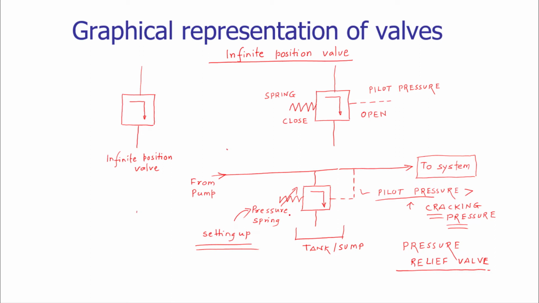When the load pressure is more, and we have to safeguard the entire system from damage, we use the pilot pressure, a branch of the flow line from the system itself, which is operating the valve, and as the pilot pressure is more than the cracking pressure, the valve will get open and it will send that fluid to the tank.